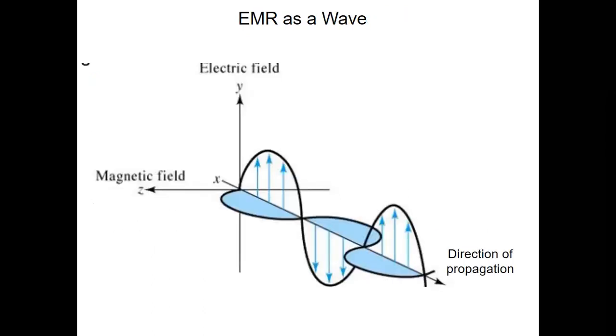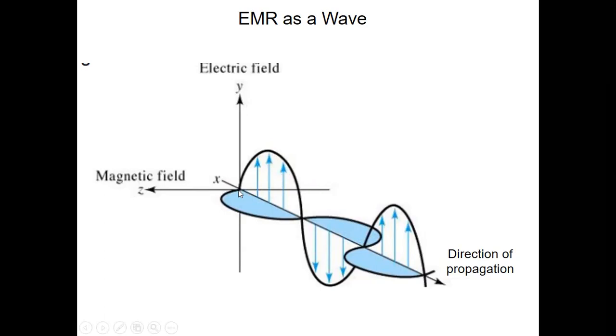Now let's see how electromagnetic radiation acts as a wave. Suppose the x direction is the direction of propagation of the electromagnetic radiation. Perpendicular to this propagation direction, it has an electric field like this.